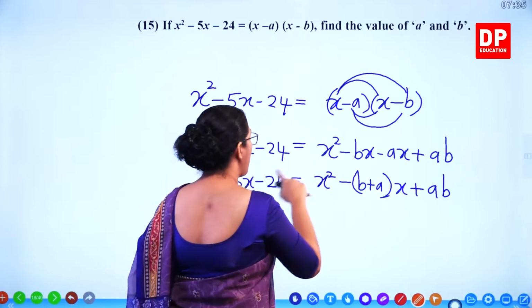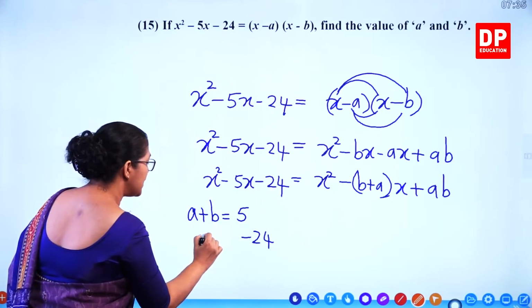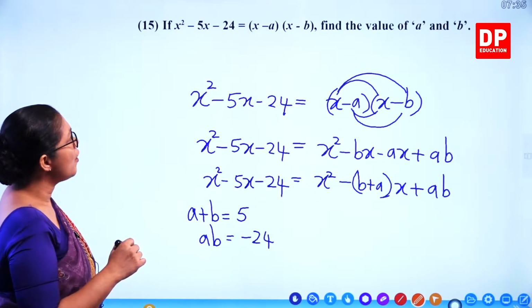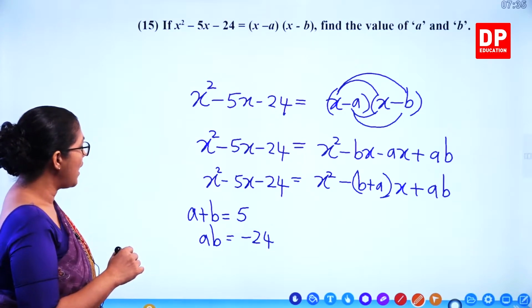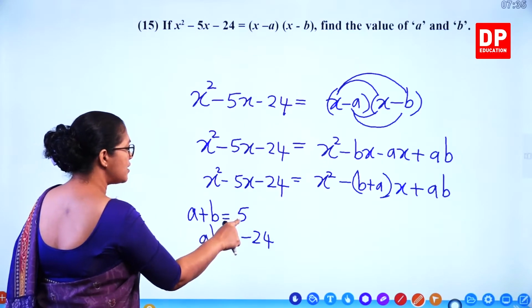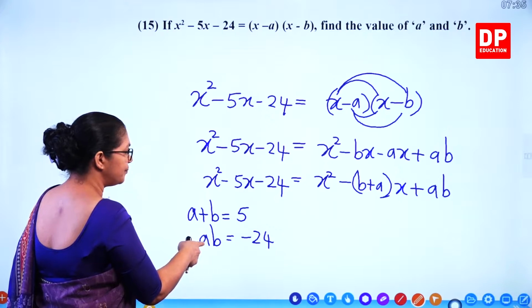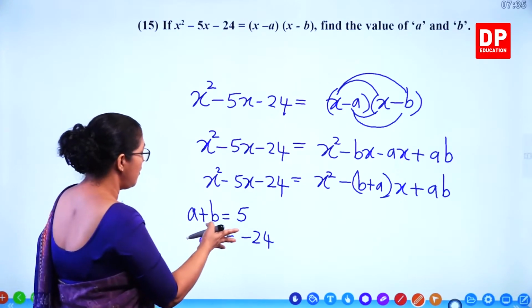This number, minus 24, is ab, multiplication. So you need to solve and find out the value of a and b. So what are the two values you can get? You can take a as 5 minus b, substitute here. You get a quadratic equation and you need to solve that.